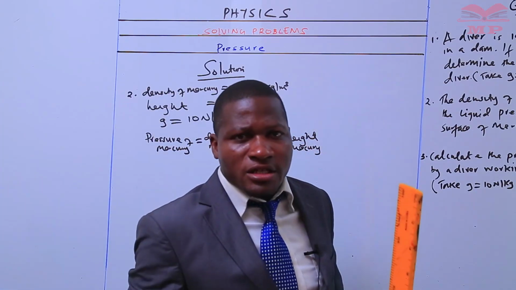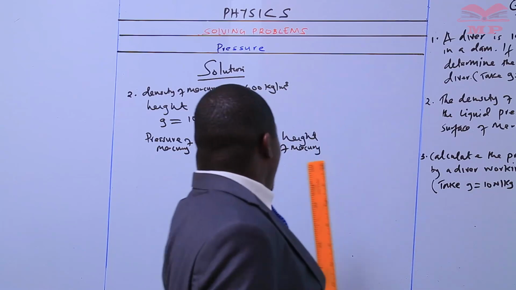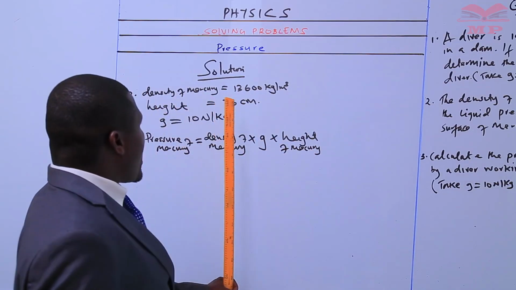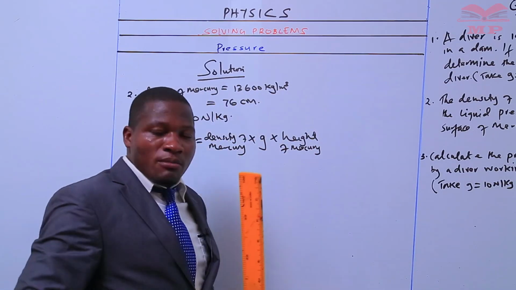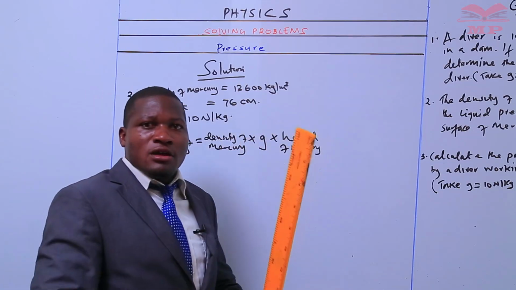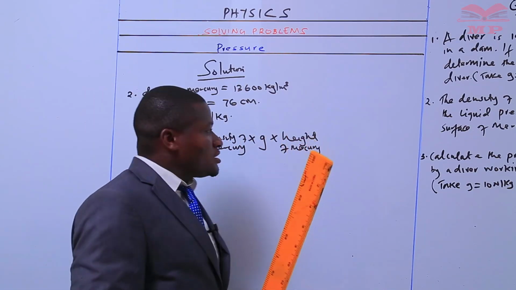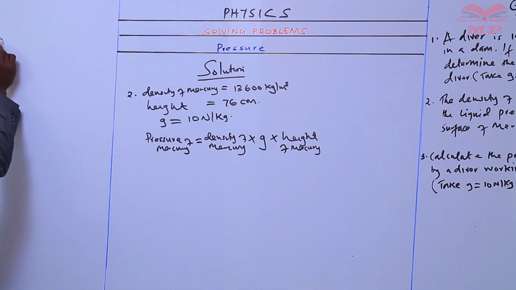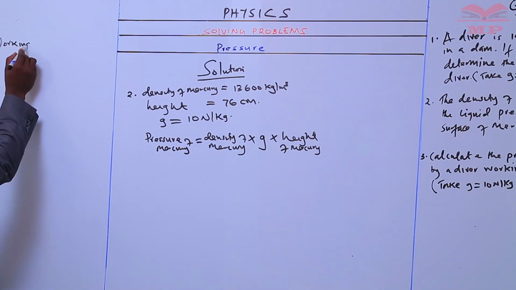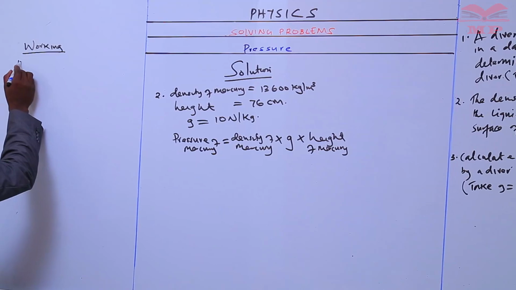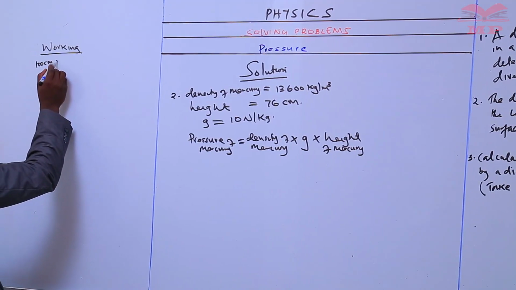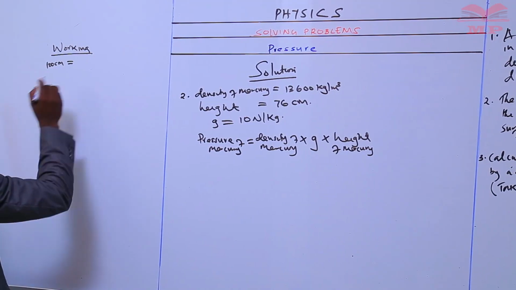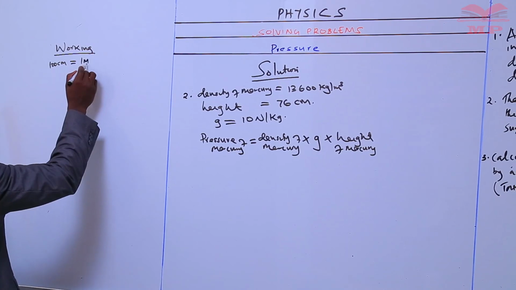Remember, we have been given the density, we have G, and we also have height. But this height is in centimeters, so we must convert this height back to the SI unit, that is into meters. Here is my working. We know that 100 centimeters is equal to 1 meter.